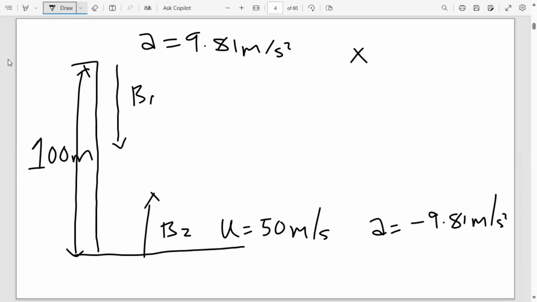Then the distance covered by ball number 1 to reach where ball number 2 is, we are going to call 100 meters minus x. Why? Because we're subtracting the x covered by this ball down here, whilst ball 1 is falling from a height of 100 meters. Are we together there?